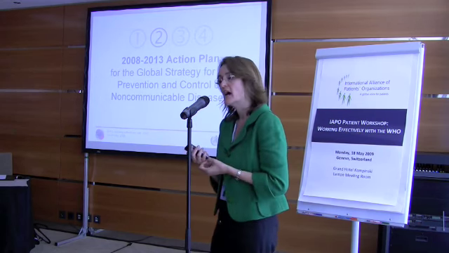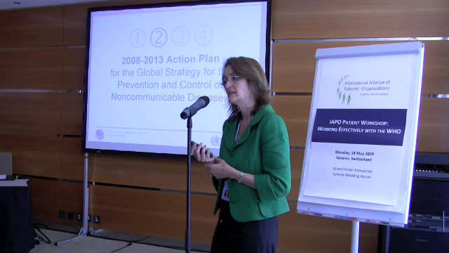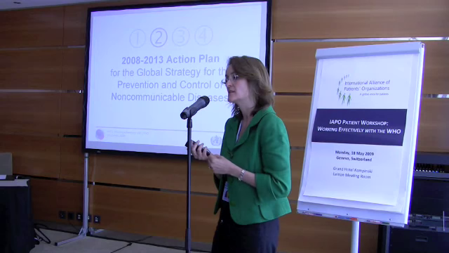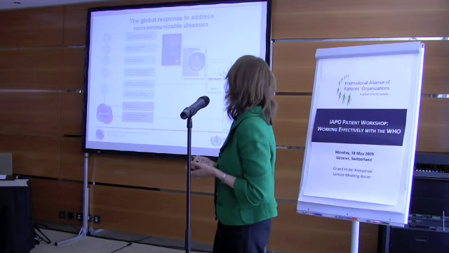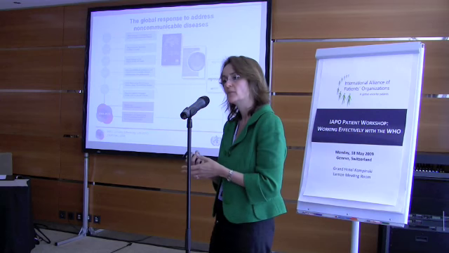Last year, at the World Health Assembly, the Global Action Plan on Chronic Disease was passed, and I'm going to tell you what its key elements are. I won't give you too much detail, just a flavour of what it's about. It's been a long journey. It didn't suddenly happen last year.